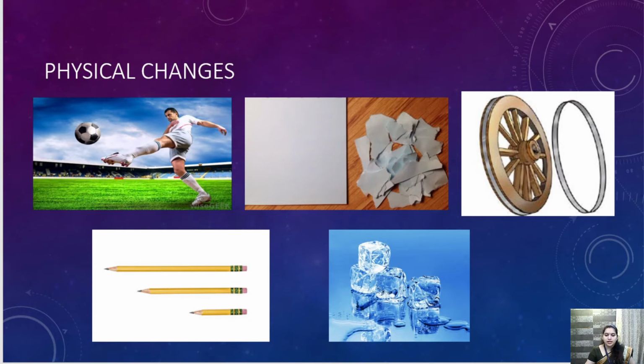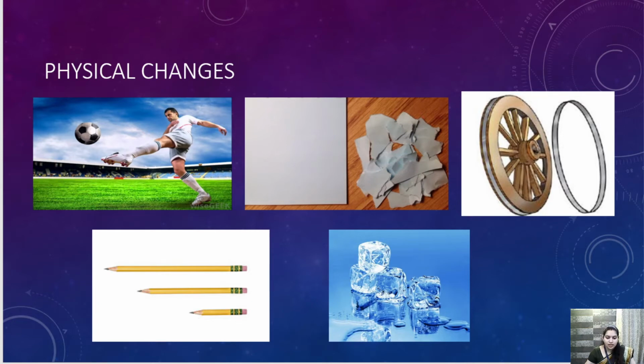It is not that you tore it and it converted into plastic. No, it will remain as it is. The substance from which the paper is made will remain as it is. So there is no new substance formed in tearing of paper, isn't it? So it is a physical change.